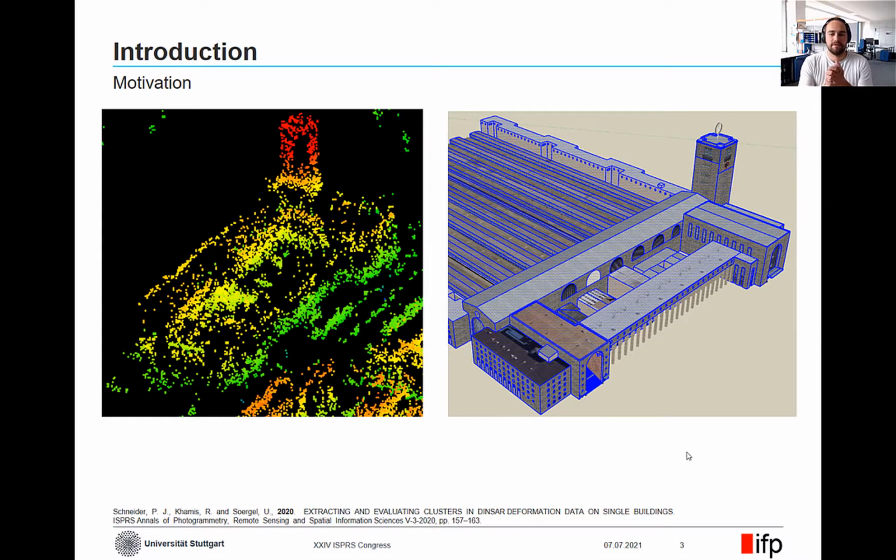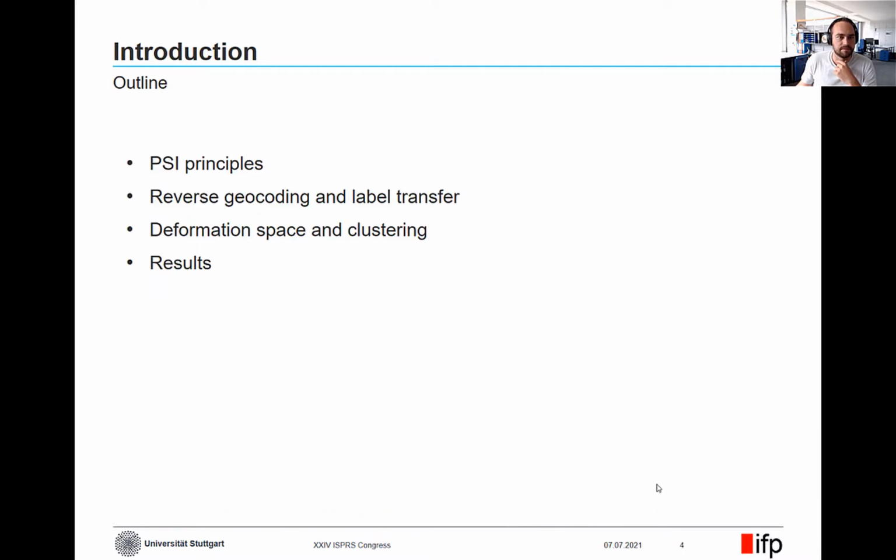The motivation for this work is the segmentation of high-resolution PSI point clouds into substructures that represent rigid parts of a building. This should later be used to integrate this PSI technique into building information monitoring systems.